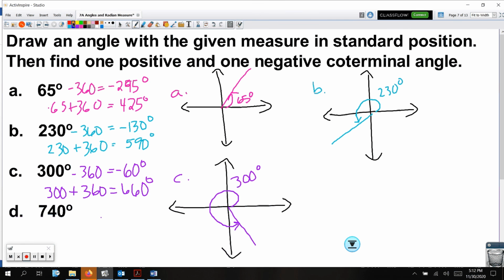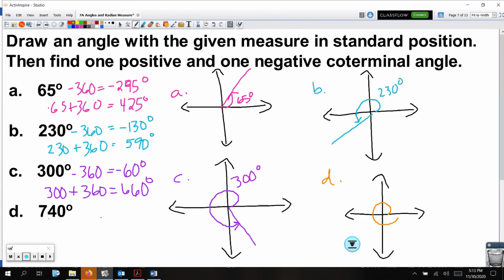All right, so we'll just do D here, and make our Y and X axis. Okay, so this is positive 740. That's big, okay? So that means we make one full rotation.